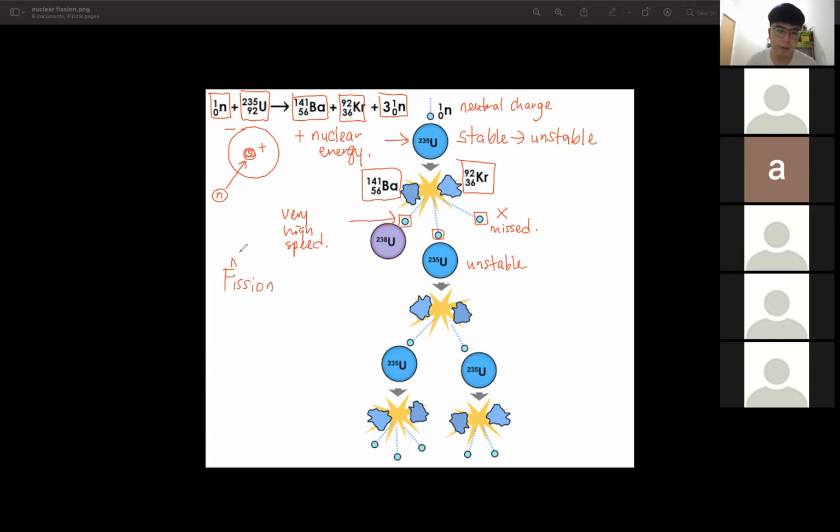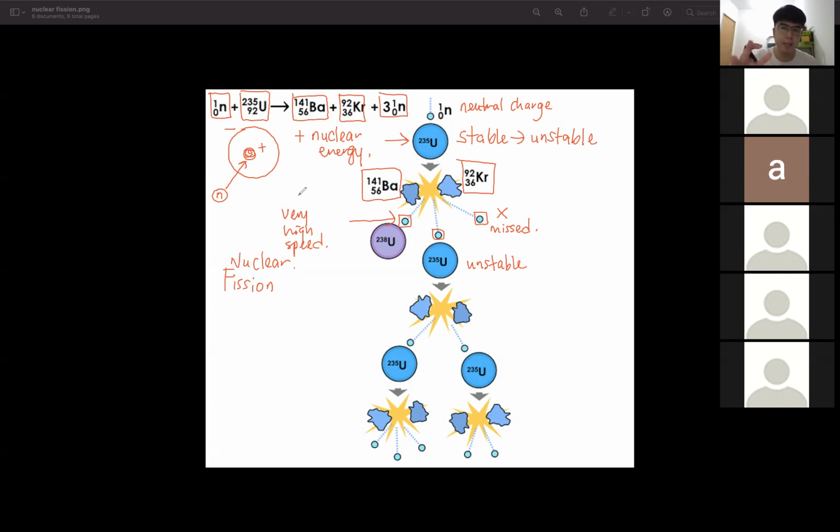Okay, so how do you define what is nuclear fission? Nuclear fission is the breakdown of the parent nuclei due to the bombardment of neutrons, causing it to be unstable. In the process of nuclear fission, energy is released. Actually, a huge amount of energy is released.